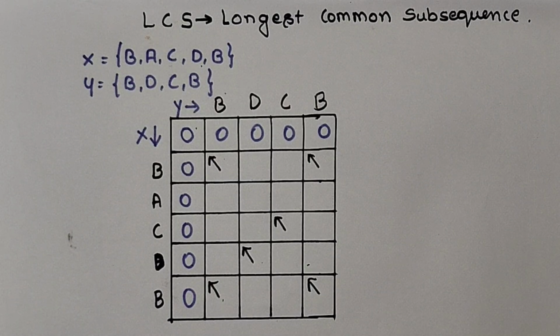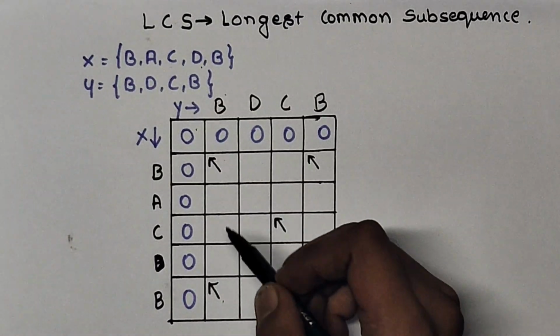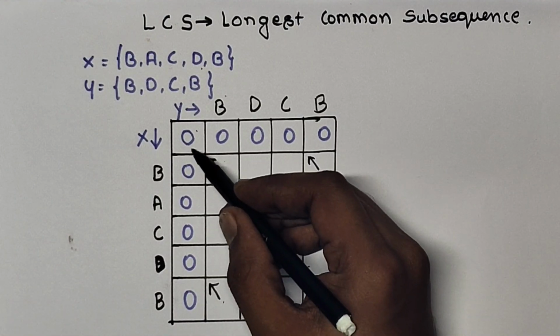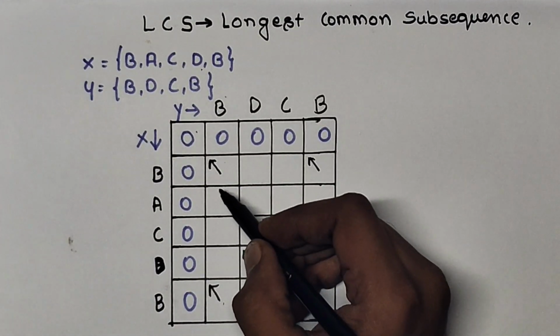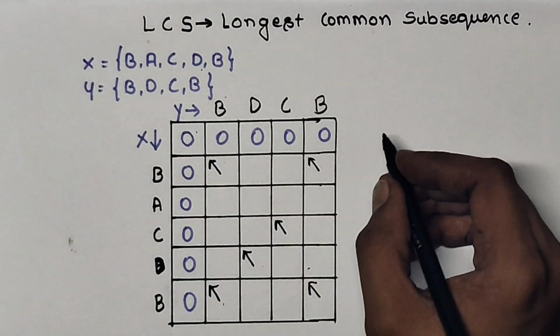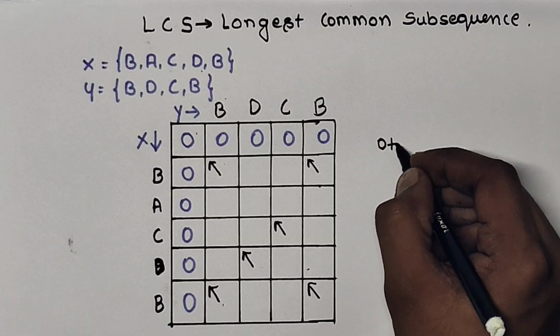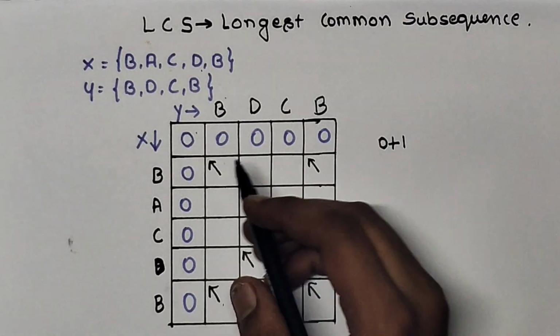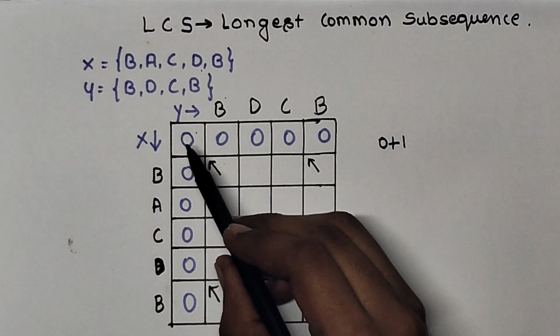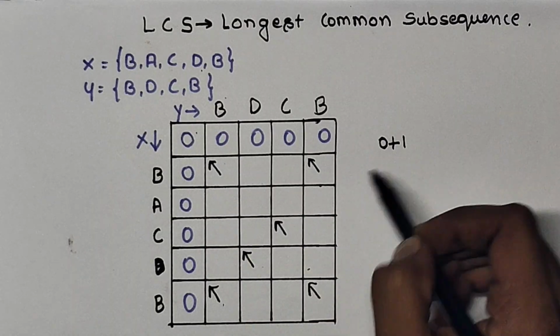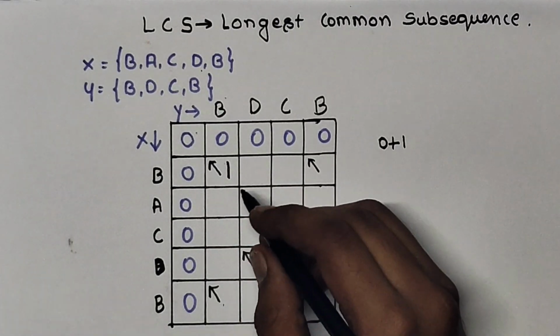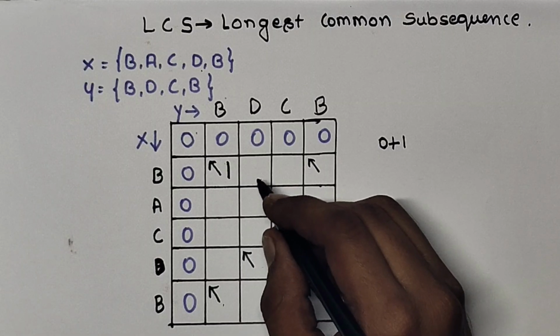How you must fill: let's start from here. This arrow is showing the value 0. Whatever value the tilted arrow shows, I will add 1 to that. So this tilted arrow is showing 0, and 0 plus 1 will be 1. Next, while filling here, we have not written the arrow.